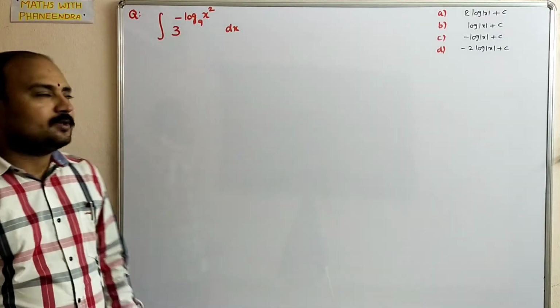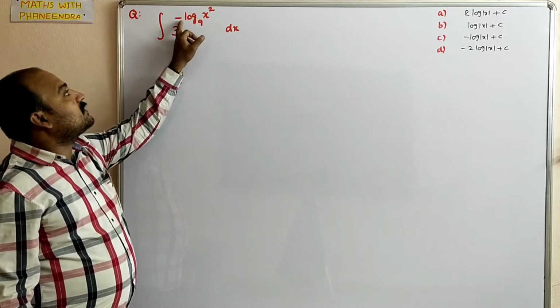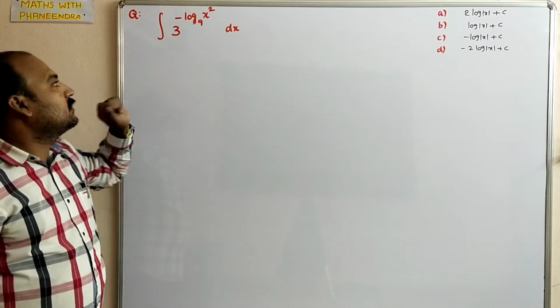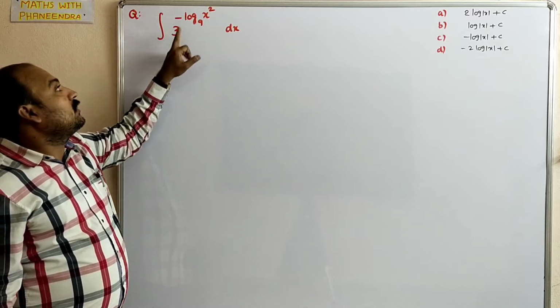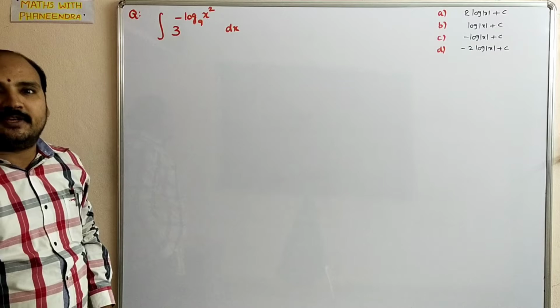The next question, integral 3 power minus log x square to the base 9 into dx. Once again I'll repeat, integral 3 power minus log x square to the base 9 into dx.